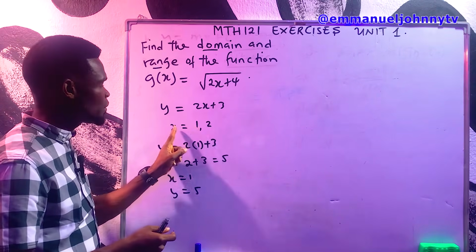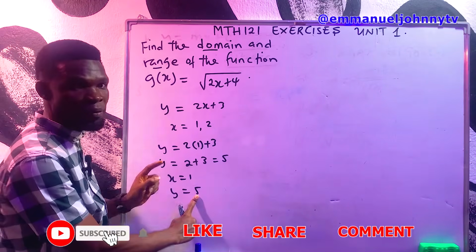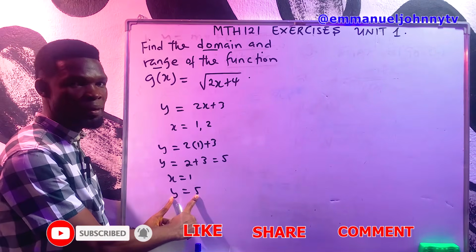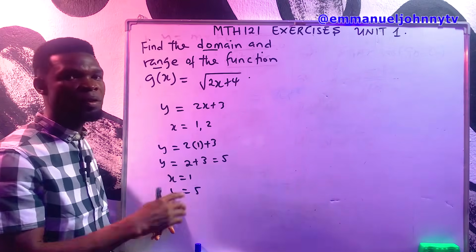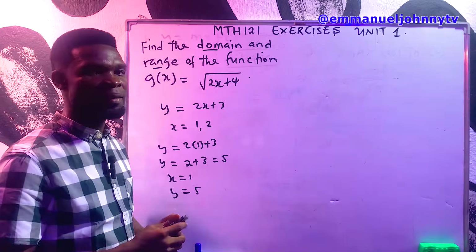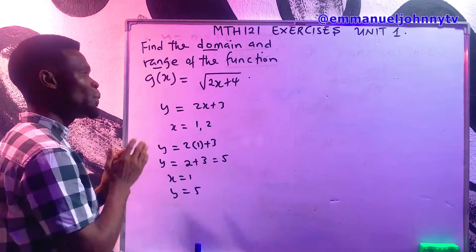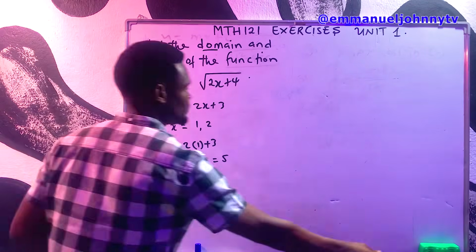So you put x into the function and it outputs 5 in y. So range is the output values of y. Okay, with that understanding, let us now state the domain and the range of this particular function.